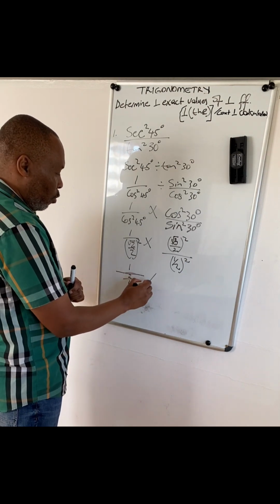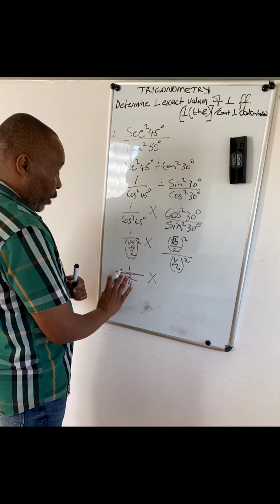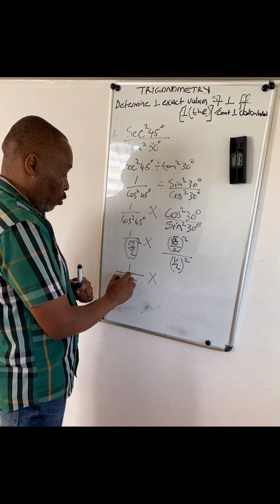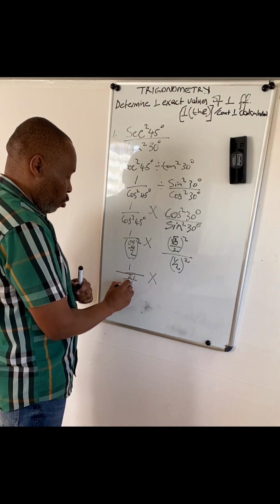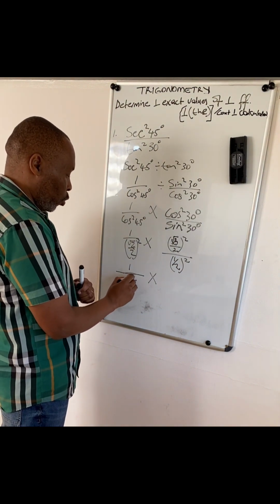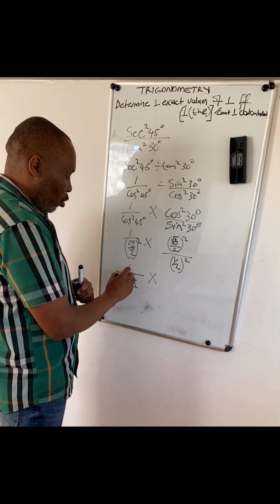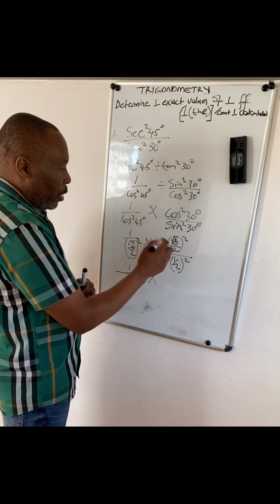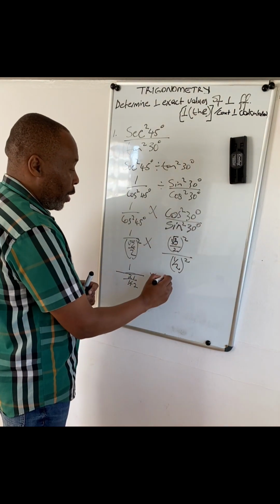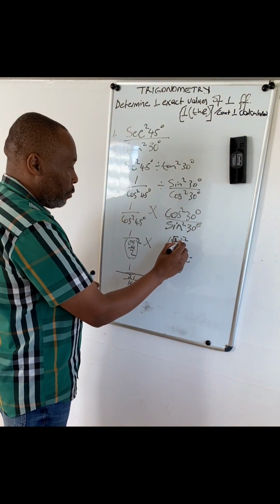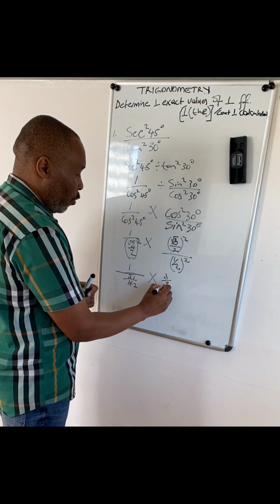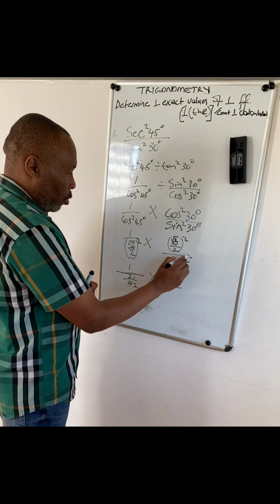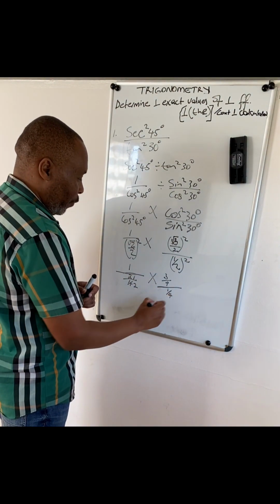And 2 over 4 is the same as 1 over 2, because 2 into 2 goes once, 2 into 4 goes twice. So it's 1 over a half, multiplied by root 3 squared, which gives me a 3, and 2 squared is 4, divided by 1 squared, which is 1 over 4.